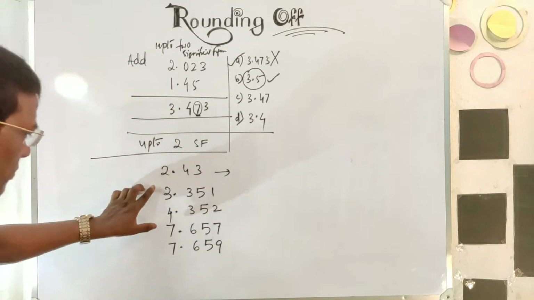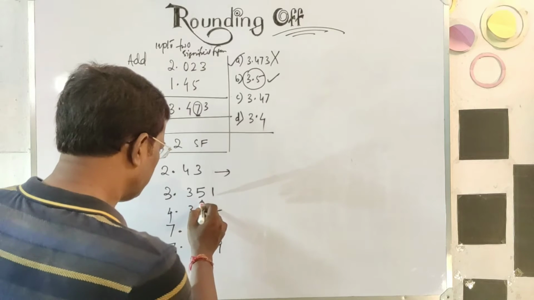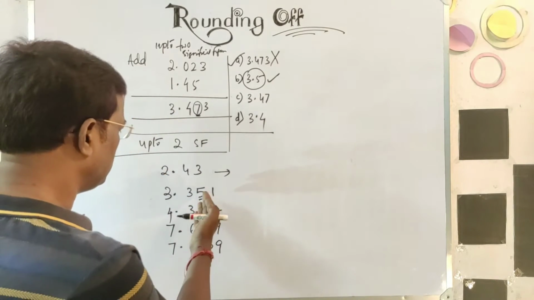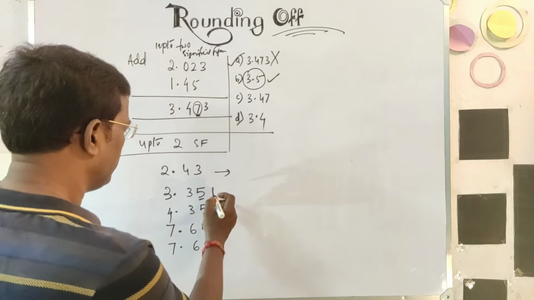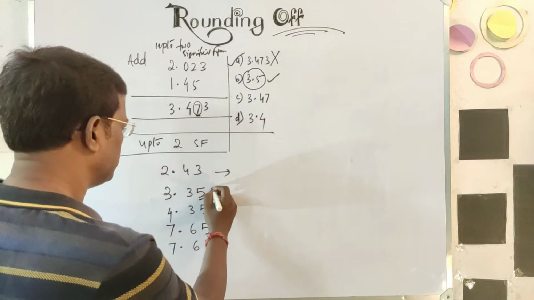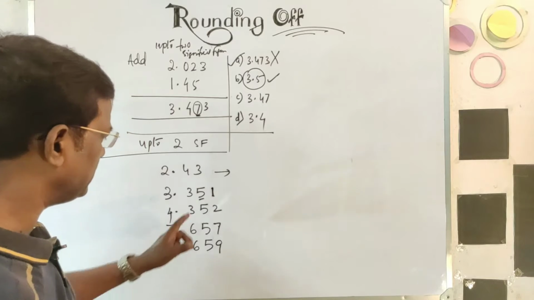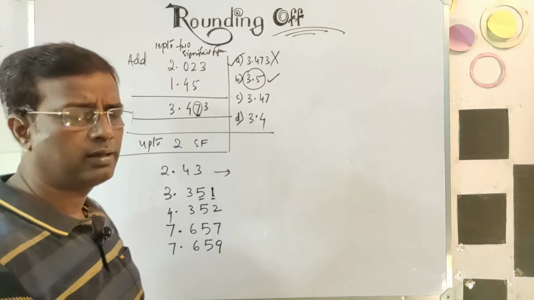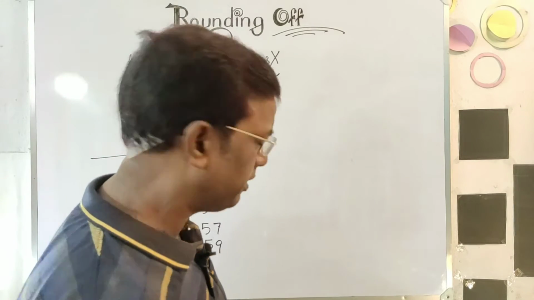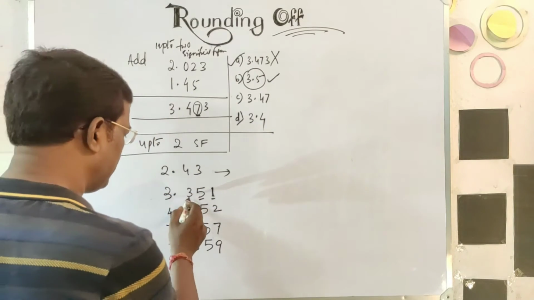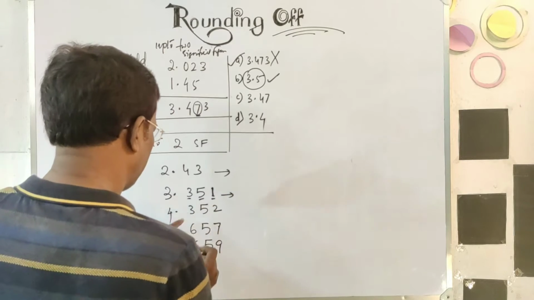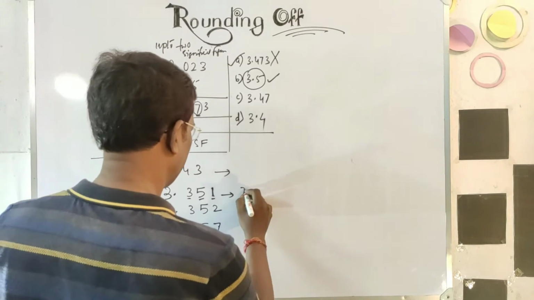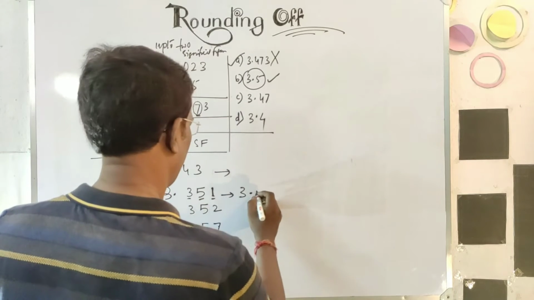Now here you have to consider the number which follows 5. The number after 5 basically here is 1. If there is anything except 0 after 5, in that case 1 is added to the digit before 5, so it will be 3.4.